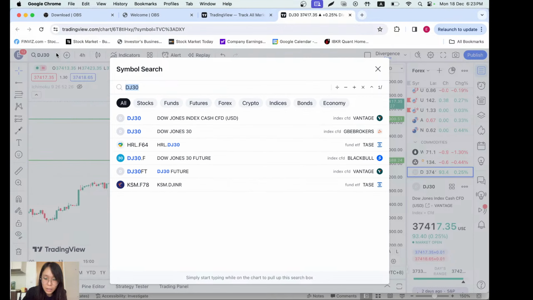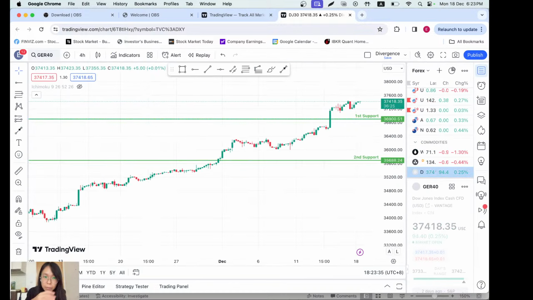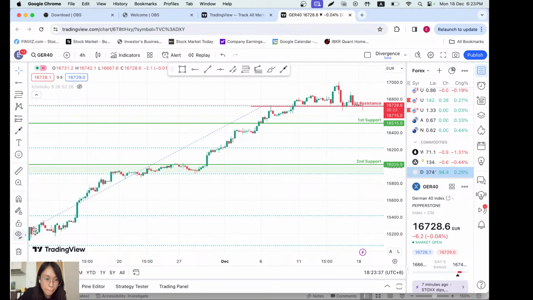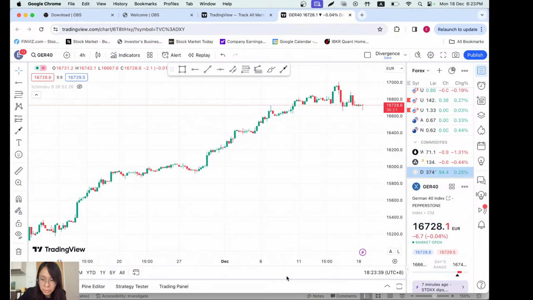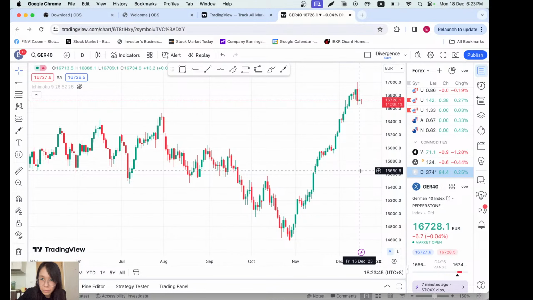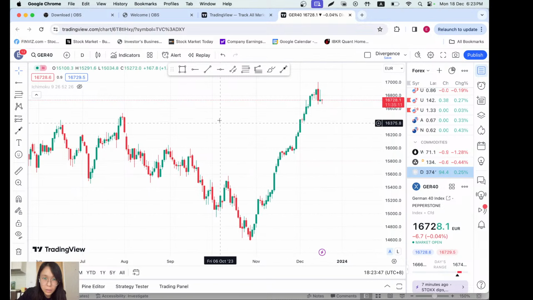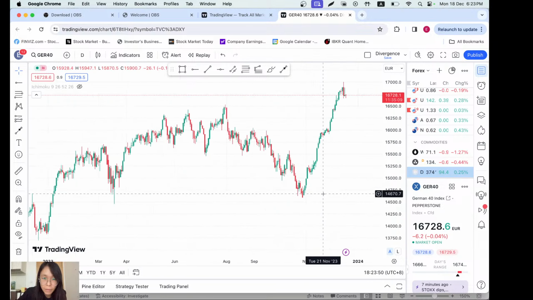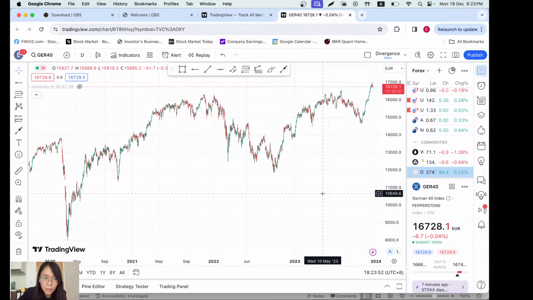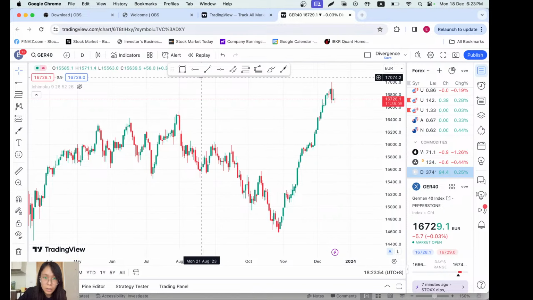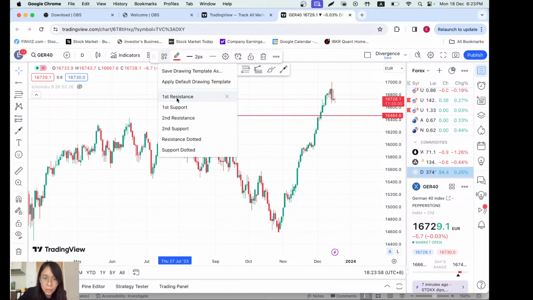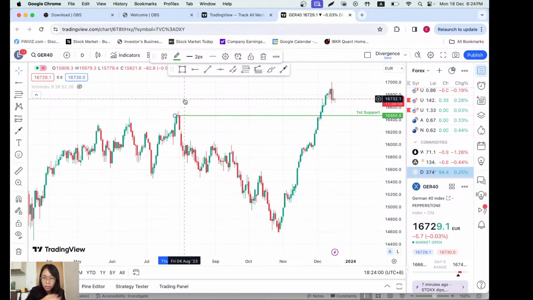Lastly, let's look at German 40. German 40 is also at its all-time high. So we'll be using the Fibonacci to identify our resistance level.